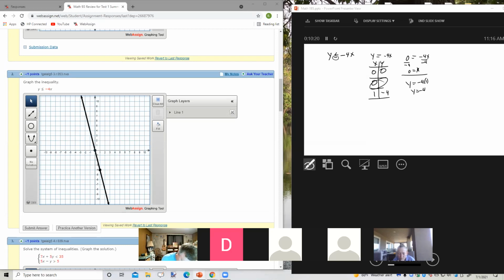So our test point is going to be (3, 3). If I put that in here, I get, is 3 less than or equal to -12? No, that's false. So this point up here, (3, 3), is not part of the solution.